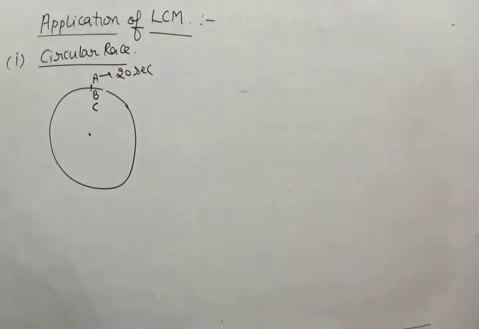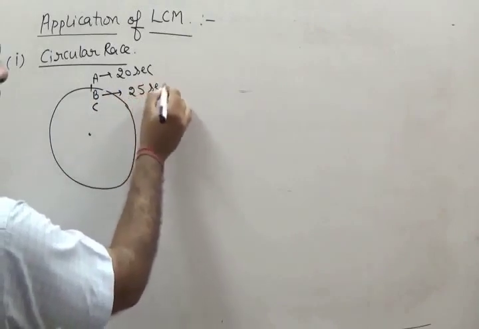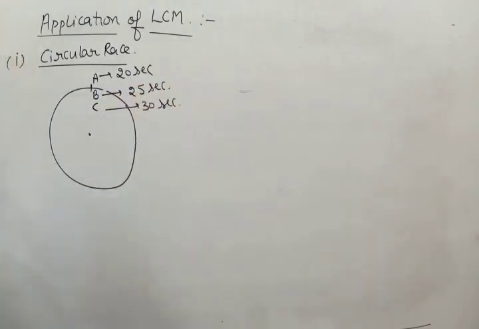Means if A has to complete the whole race, he takes 20 seconds. When we consider B, he takes 25 seconds to take the whole round, and C takes 30 seconds to take the whole round.